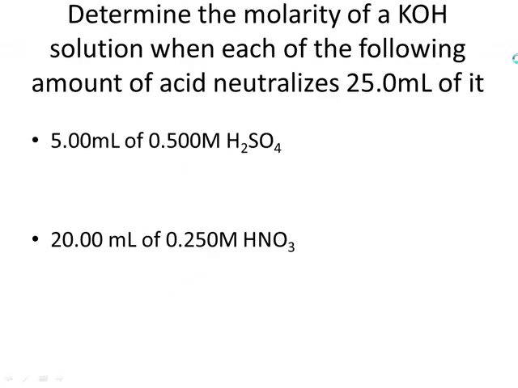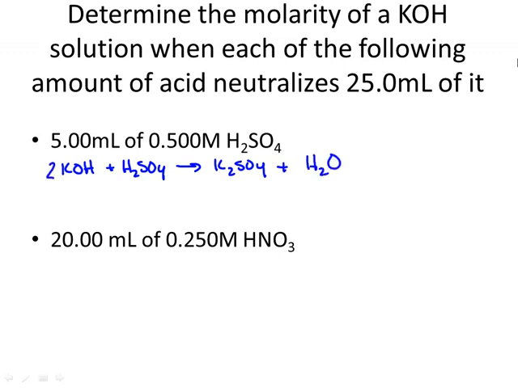Determine the molarity of a KOH solution when each of the following amounts of acid neutralizes 25 milliliters of it. So the first thing we need to do in this titration problem, which is what this is, is write a reaction. So I have KOH reacting with H2SO4. It's a neutralization reaction. So I get K2SO4, just using my double replacement skills here, and H2O.